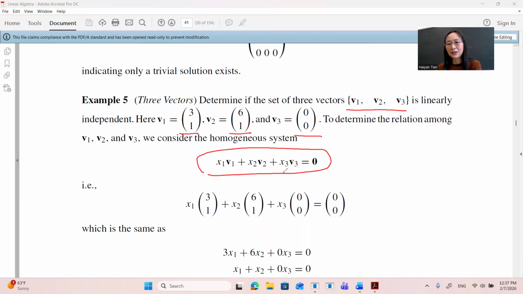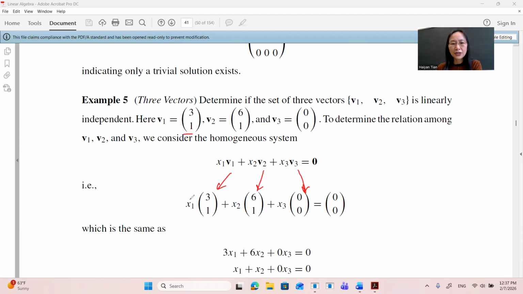We want to decide if the homogeneous system has only the trivial solution. So let's look at the homogeneous system. Since V1, V2, V3, and in front of each V vector we have the weight, that's the linear combination of the vectors equals a 0 vector.